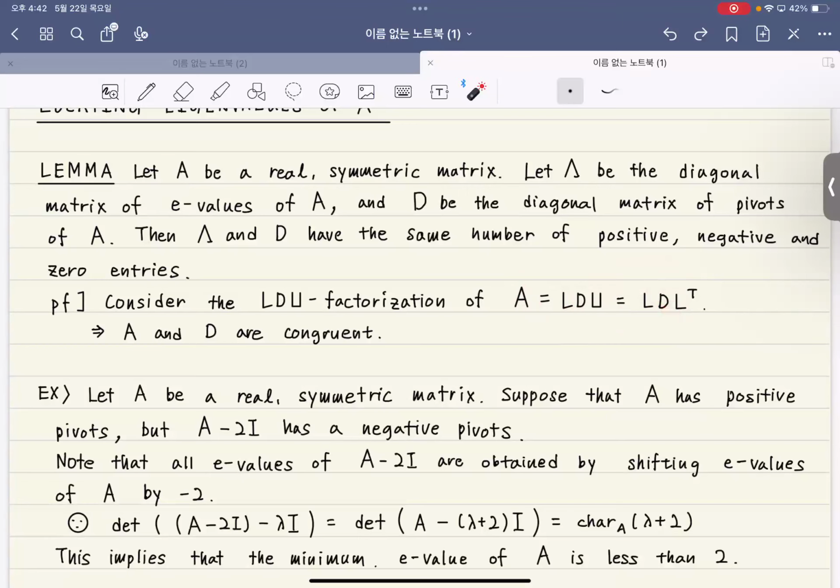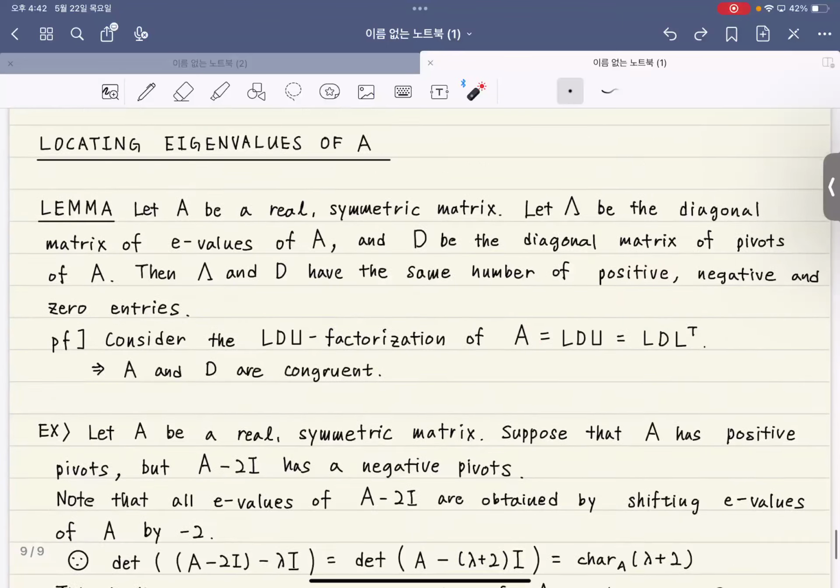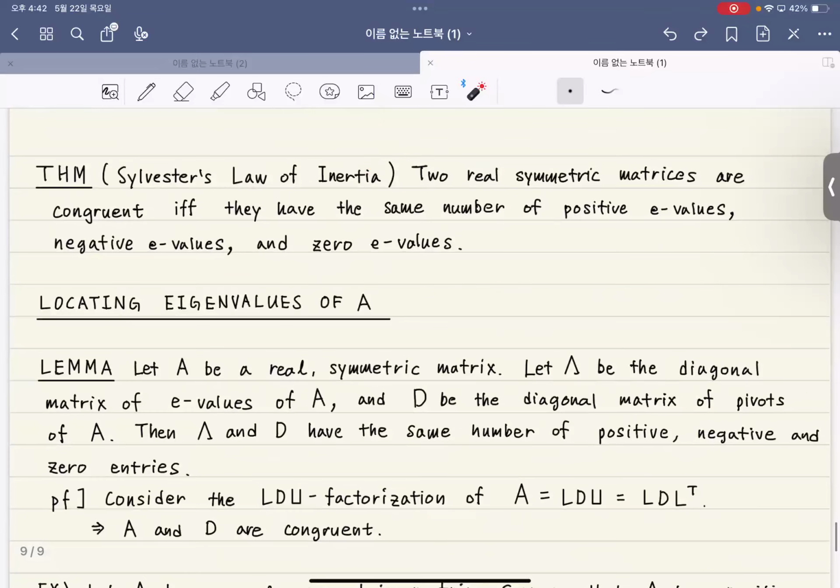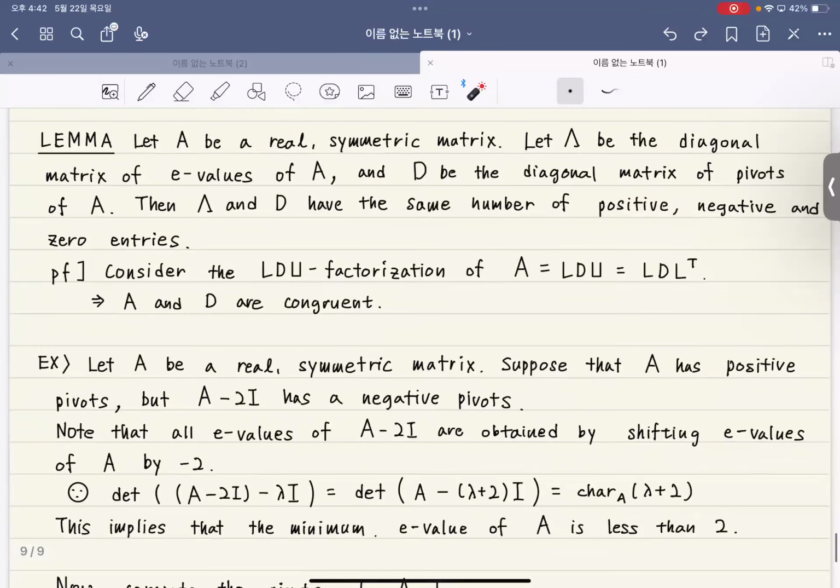And because of the law of inertia, A and D have the same number of positive, zero, and negative eigenvalues. And what are the eigenvalues of a diagonal matrix? They are the diagonal entries themselves. Therefore, Lambda and D have the same number of positive, negative, and zero entries.